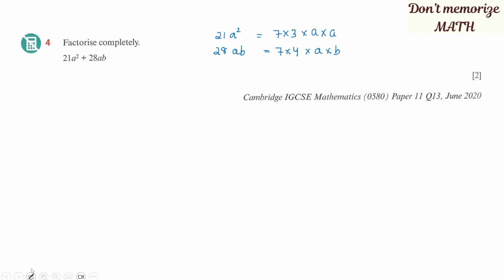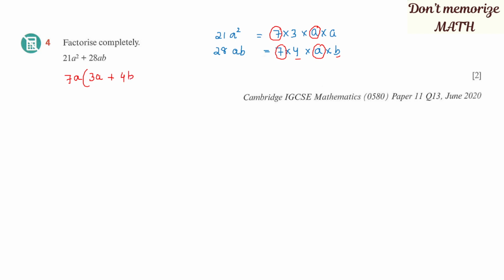Then take the common terms outside. Here we have common is 7. Then we have a is common. So 7a is common. Then what is remaining in the first term? 3a is remaining. So here 3a, the operation is plus, so you need to put plus. Then here the remaining term is 4b.